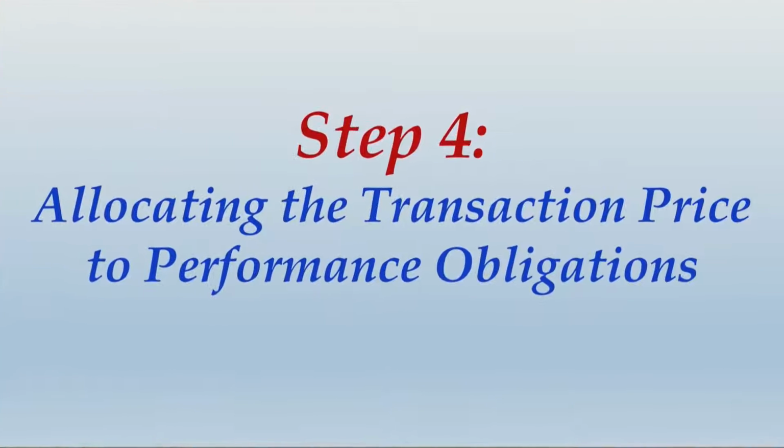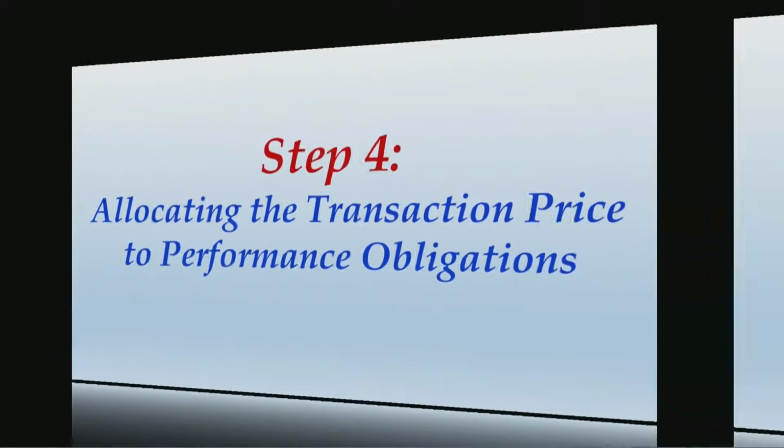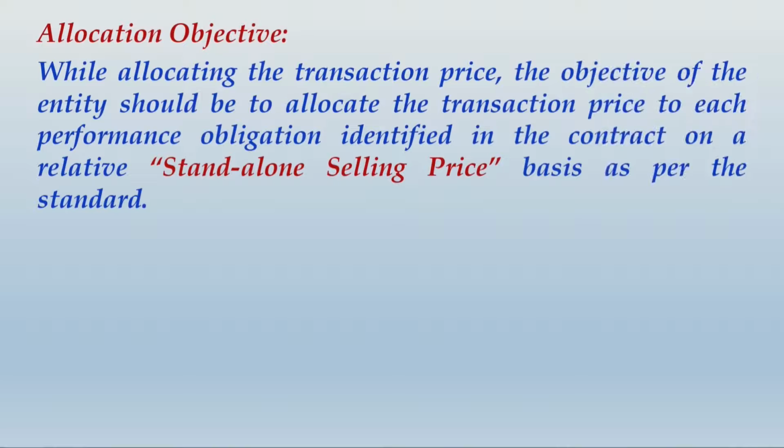So let us write up some notes with respect to step 4. You may please write the allocation objective. While allocating the transaction price, the objective of the entity should be to allocate the transaction price to each performance obligation identified in the contract on a relative standalone selling price basis as per the standard.